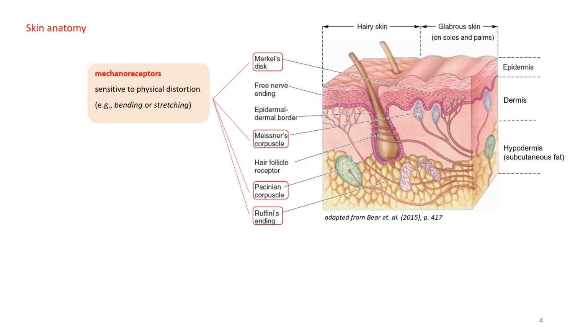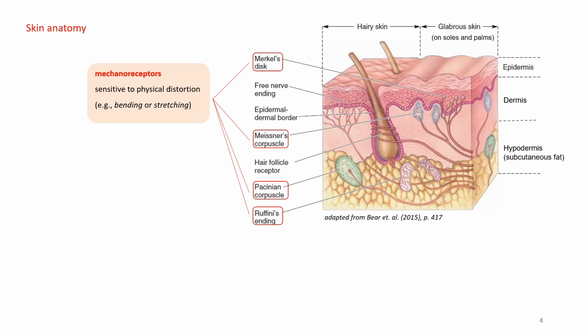So we cannot begin our lecture without first looking at skin anatomy. The skin is divided into several layers: the epidermis, the dermis, and the hypodermis. And there are certain receptors embedded within the layers of our skin that respond to different types of stimulation, such as bending and stretching.